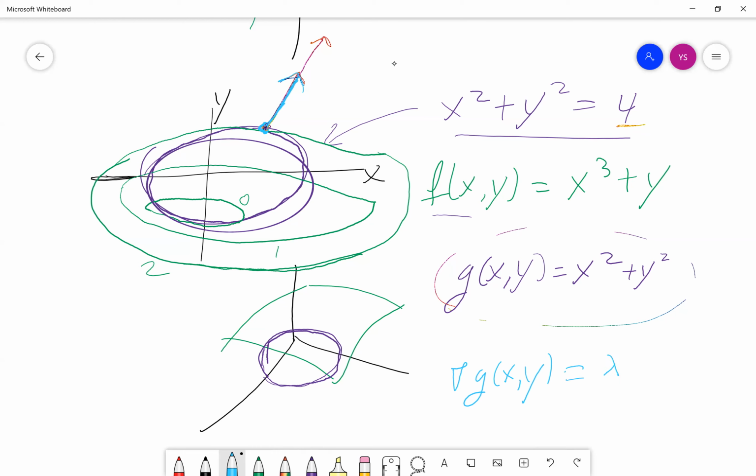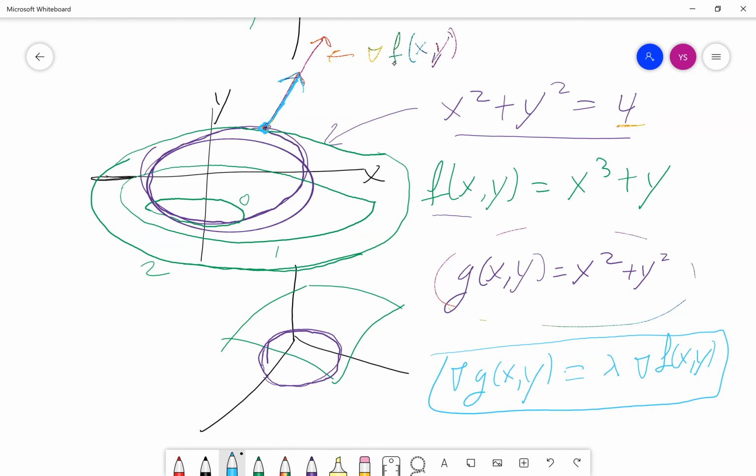The gradient of g might be bigger or smaller, but it's equal to some constant times the gradient of f at (x, y). Because the gradient of f at (x, y) is orthogonal to the green level curve, since gradients are orthogonal to level curves. And because these are going in the same direction, we can write this equation.